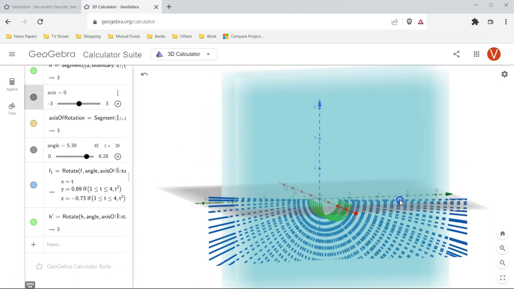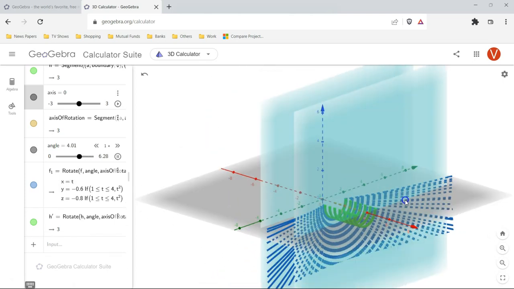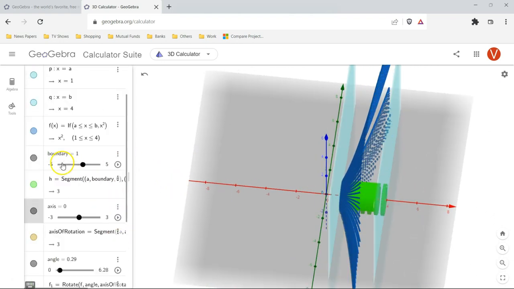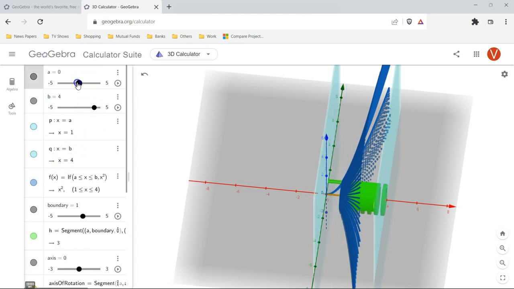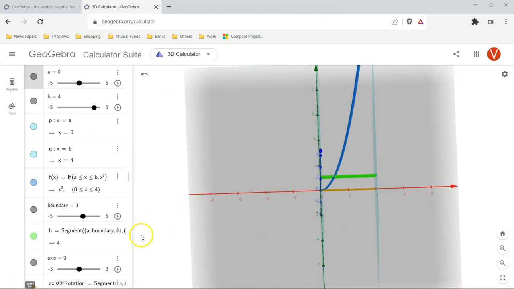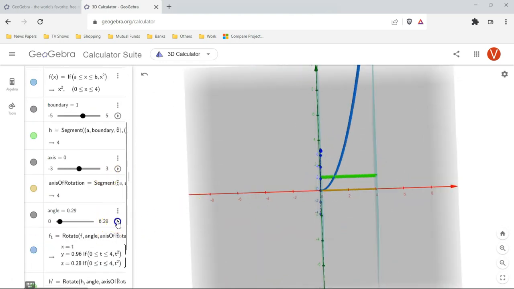So again, we end up with a hole in the middle. Okay, I think we had already seen this. Now what we'll do is let's change this. Let's take it to 0. If we take it to 0, what will happen? Let's again rotate.